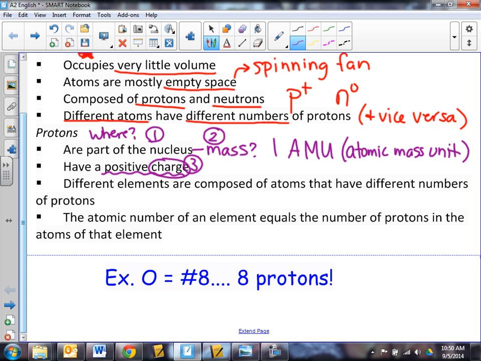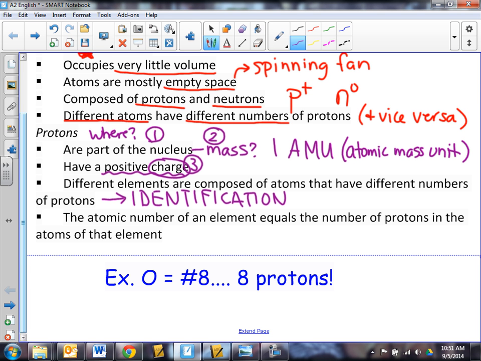Now the third point is repeated so that I could clarify it a little bit more, talking specifically about protons. For me to know which element I have, I need to know how many protons there are in the nucleus. That means that the number of protons is the identification.